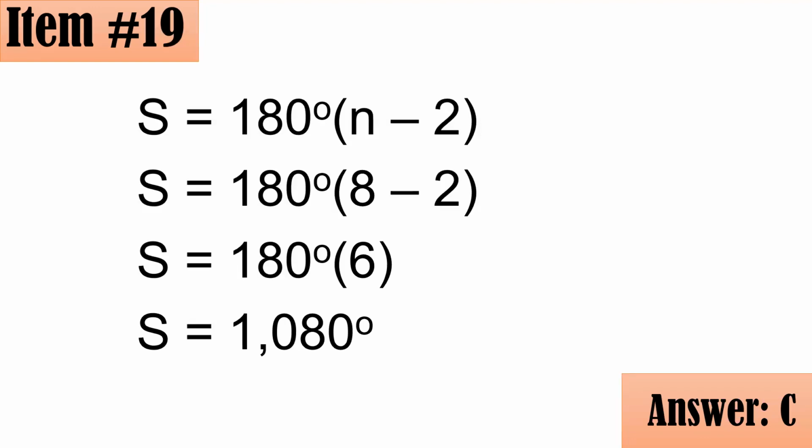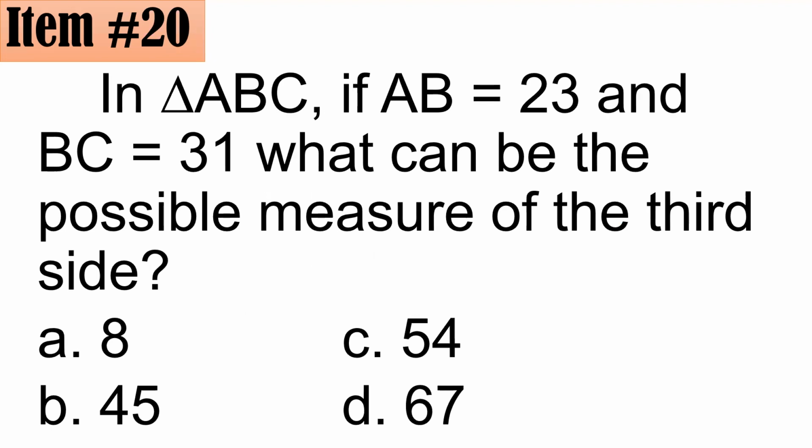Okay, move on po tayo sa 20. In triangle ABC, if AB equals 23 and BC equals 31, what can be the possible measure of the third side? A, 8, B, 45, C, 54, or D, 67? What do you think?